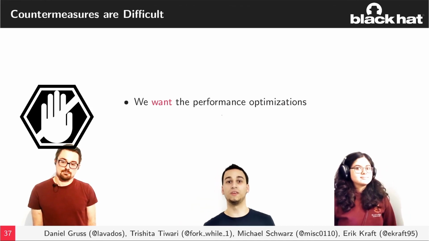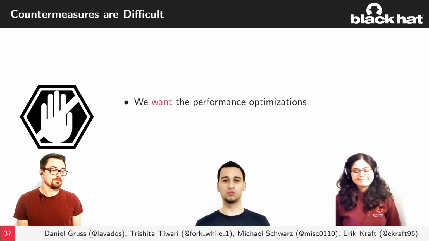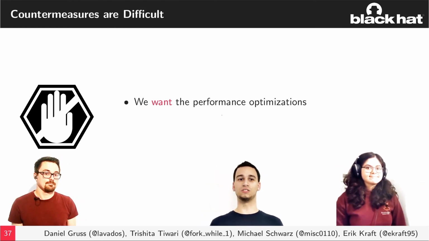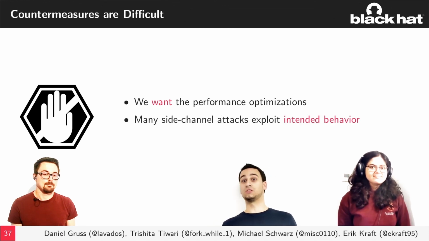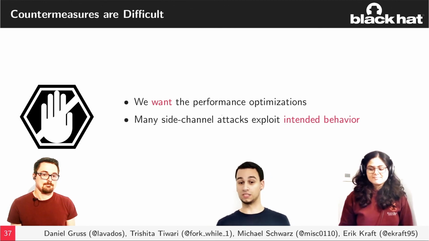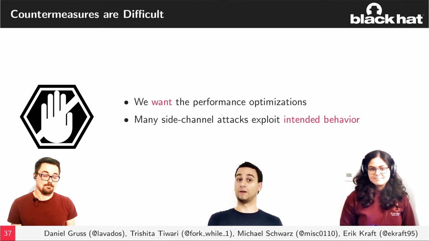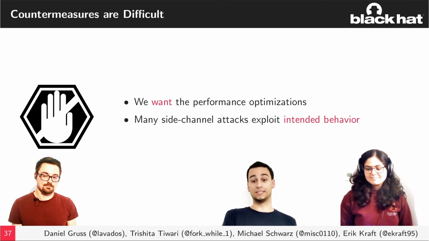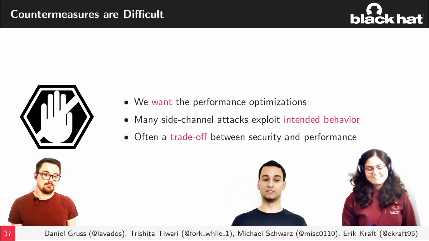Yes, but the thing is, we also want performance optimization, so we want to keep them. We don't want to fix all these things that could be abused for attacks, because we might lose performance again. So many of these things we see here show side-channel leakage on the one side, yes, but they're also intended behavior for performance optimizations.